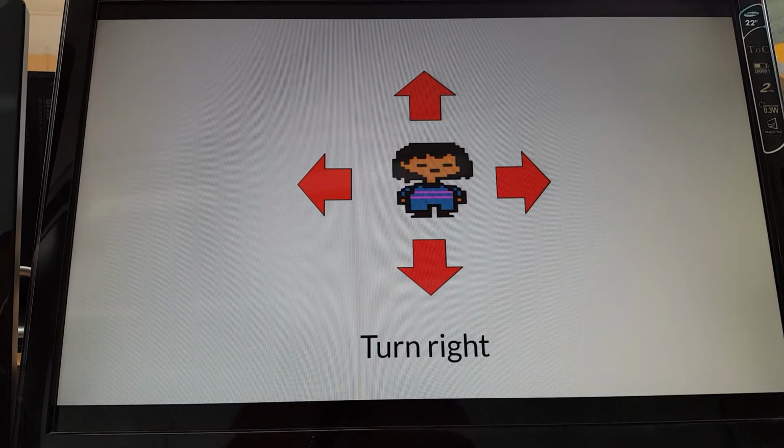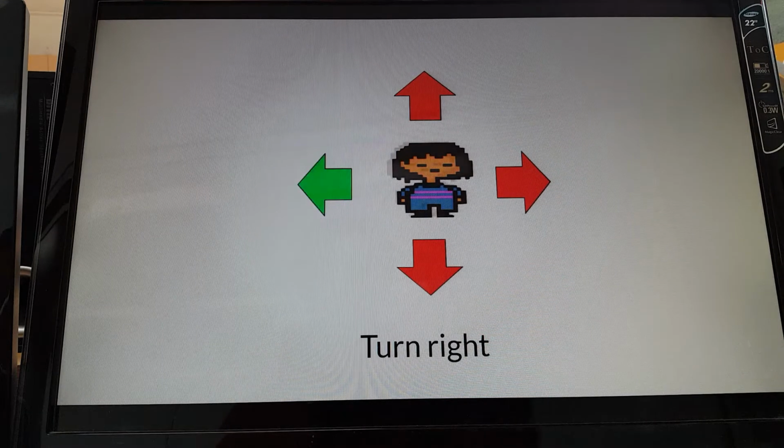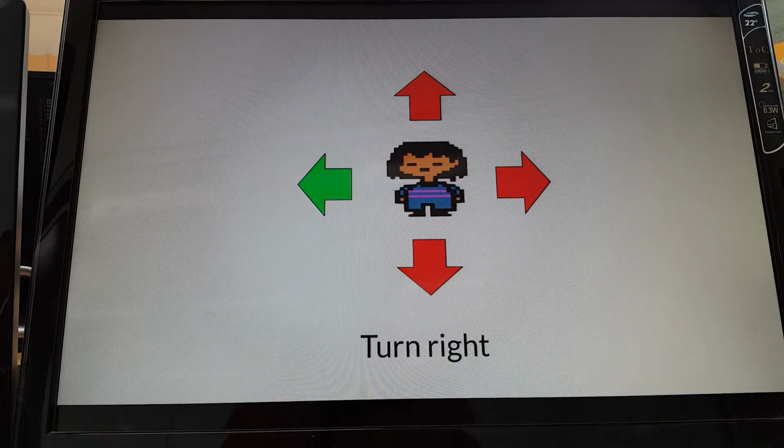Okay, next we have turn right. What do you think it is? Wow. You guys are so good. It is this. So you would turn right.